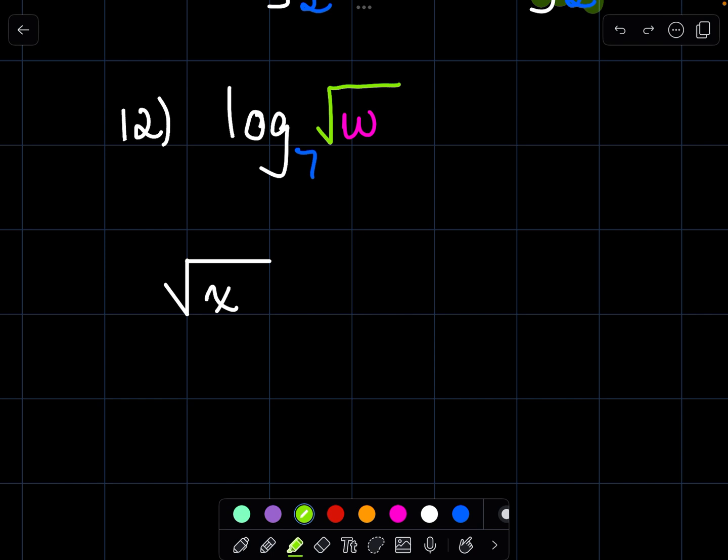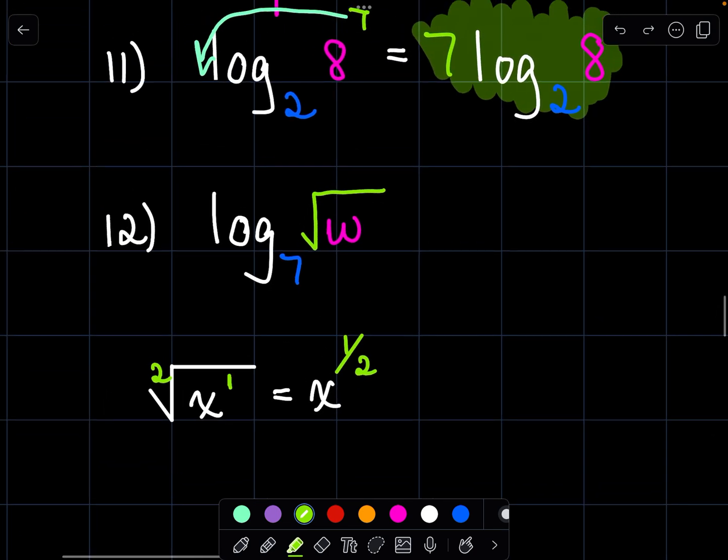If you don't see it for a square root, that means that the index is a 2, and that the exponent of the radicand, the part underneath the radical, is a 1. This is equivalent to its rational exponent form of 1 over 2 power. So the index will always be the denominator of the fraction in its rational exponent form.